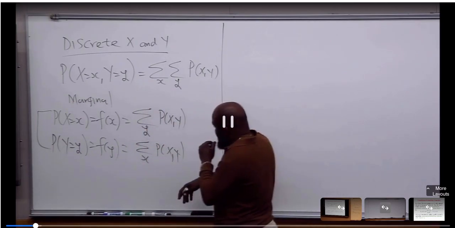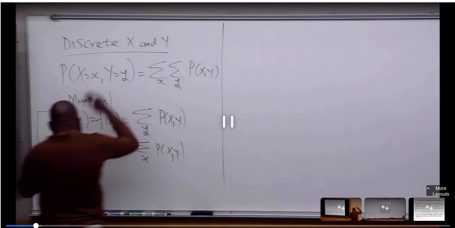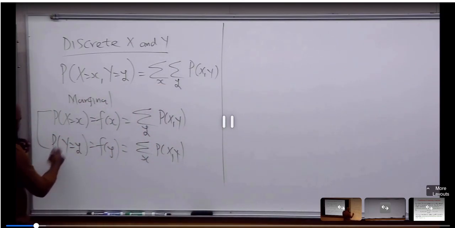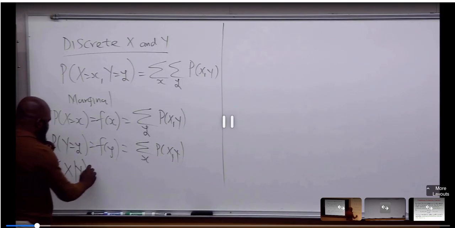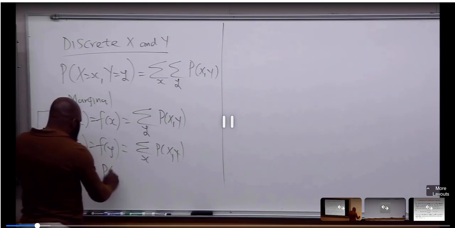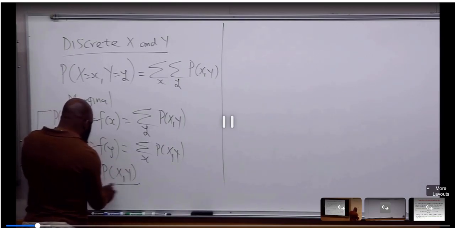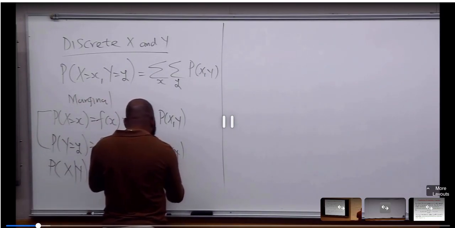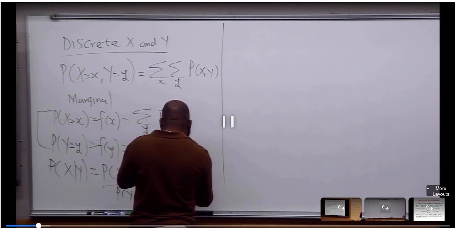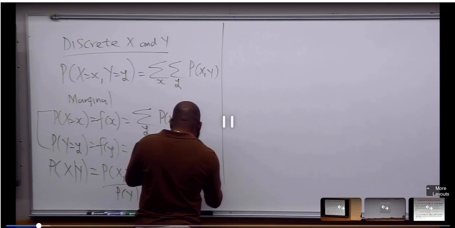Now, if I'm talking about the conditional, maybe x given y, of course, it's going to be this divided by that. And if I'm talking about y given x, it's also going to be what I have here.